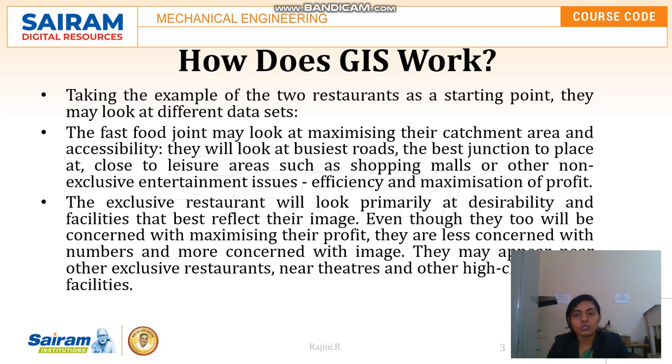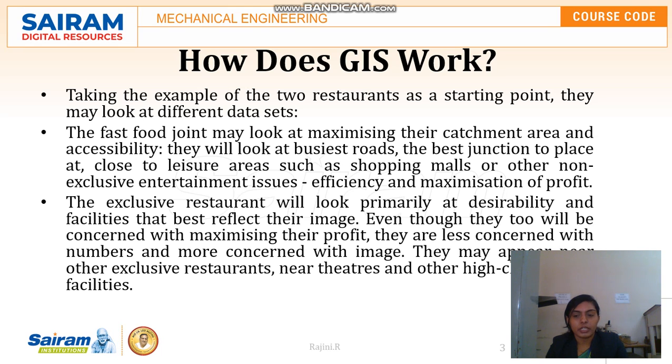The exclusive restaurant will look primarily at desirability and facilities that best reflect their image. Even though both are concerned with maximizing profit, the exclusive restaurant is less concerned with numbers and more concerned with image. They may appear near other exclusive restaurants, theaters, and other high-class leisure facilities.